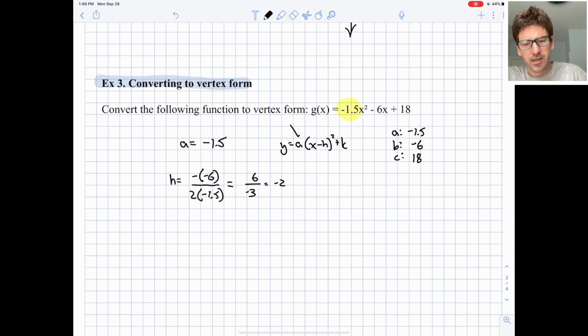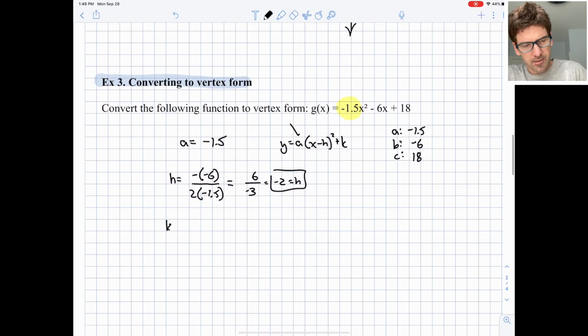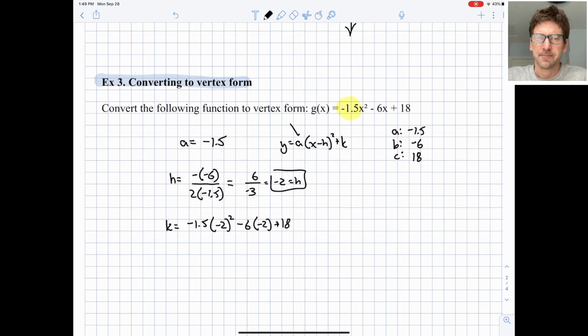So it looks like my h value is a negative 2. Okay, we're going to take that negative 2 and plug it in for x into our function to see what the y coordinate of my vertex is, to find what k is. So k is going to equal negative 1.5 times negative 2 squared minus 6 times negative 2 plus 18.